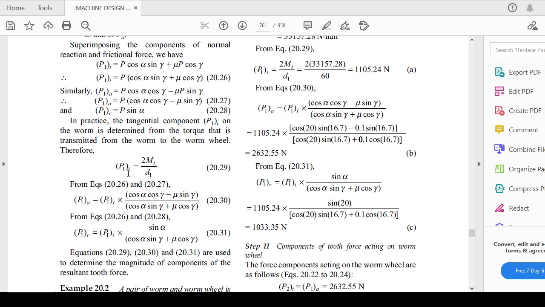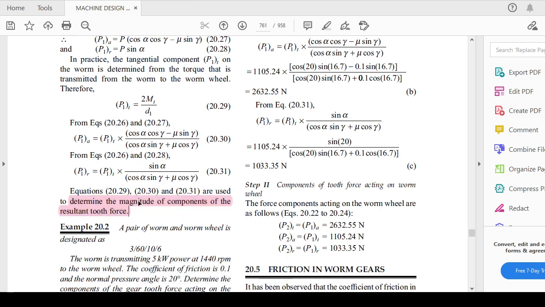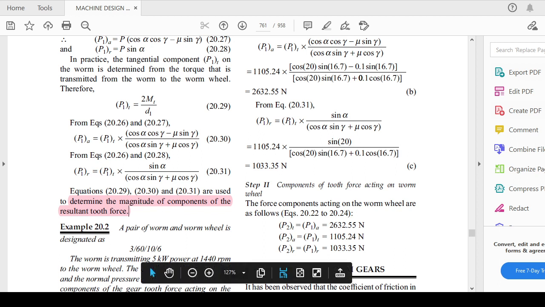After that, P1T can also be calculated with the help of 2 Mt by d, where Mt is your torque. With the help of this you can also calculate the different magnitudes of the components of the resultant tooth force. These equations give you the idea of how to determine the magnitude of the components of the resultant tooth force. So you can prepare this.